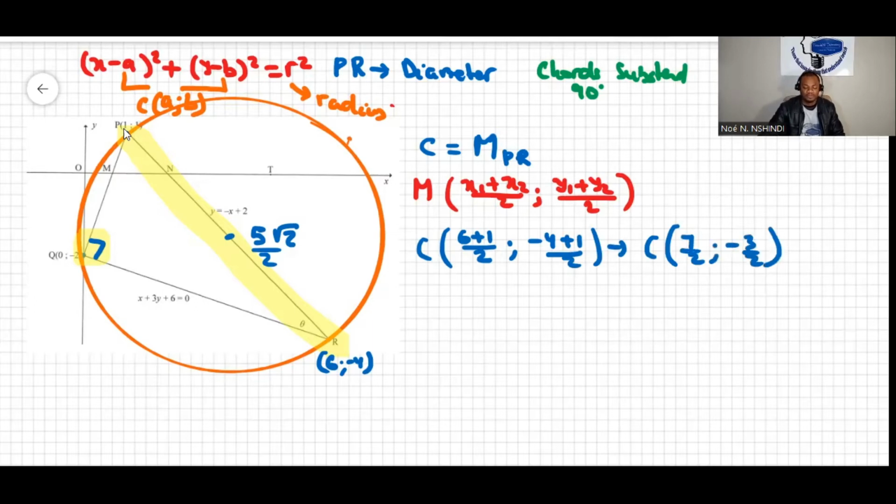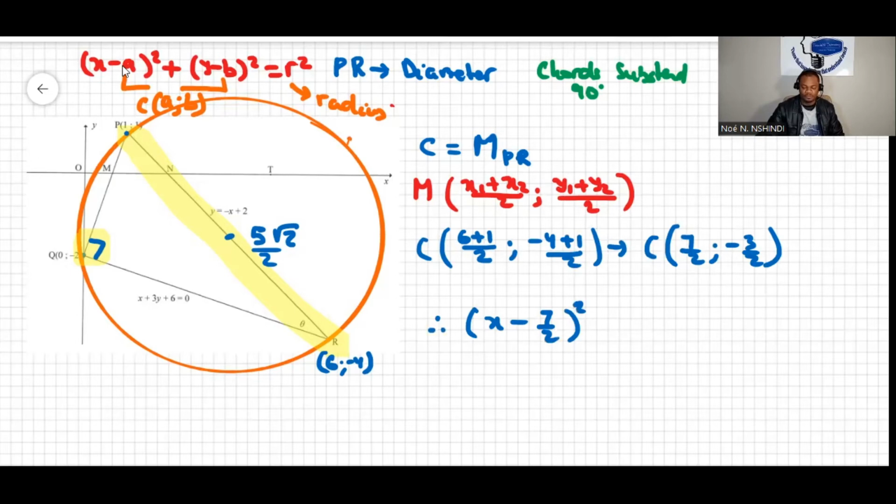Therefore, the equation of the circle is (x minus 7 over 2) to the power of 2. It's minus because of the formula, x minus a.